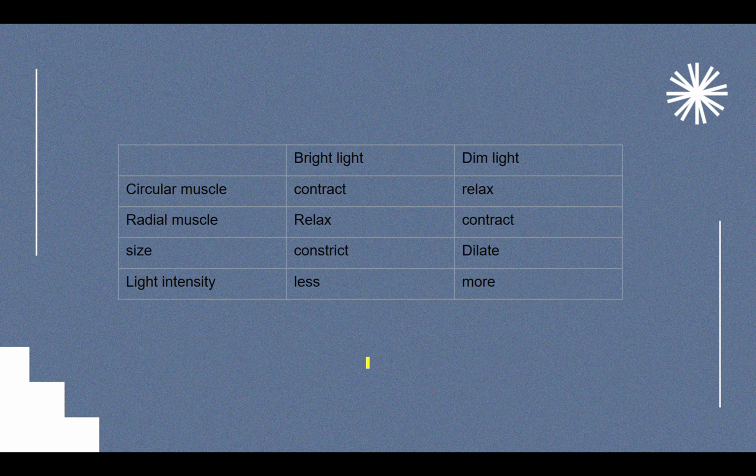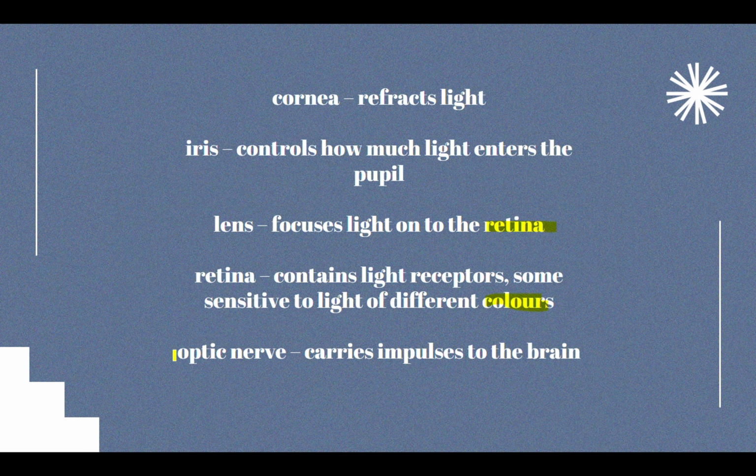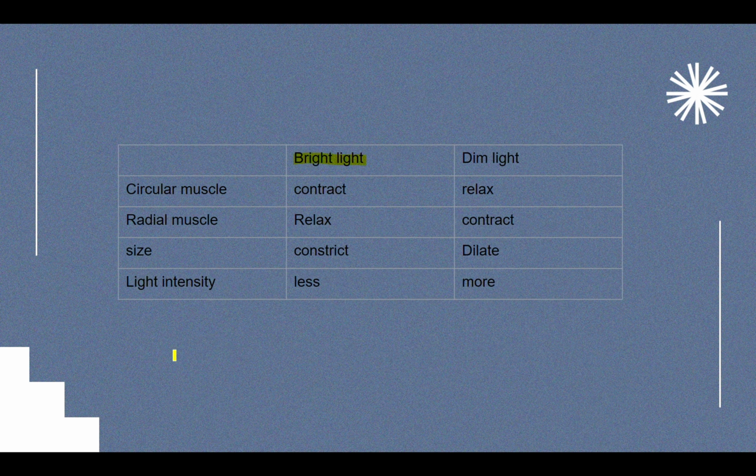Okay. So here is how the eye responds to different light intensities. Now we will start with bright light and how your eye responds to that. Bright light causes the circular muscle and the radial muscle to respond. Let me check if there's a photo of that. No, I don't have a photo of that, but you can check that on the internet.